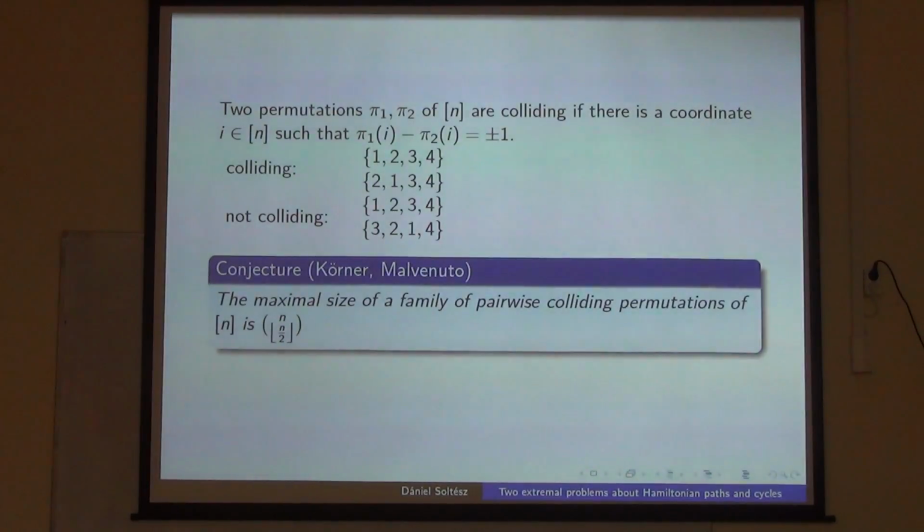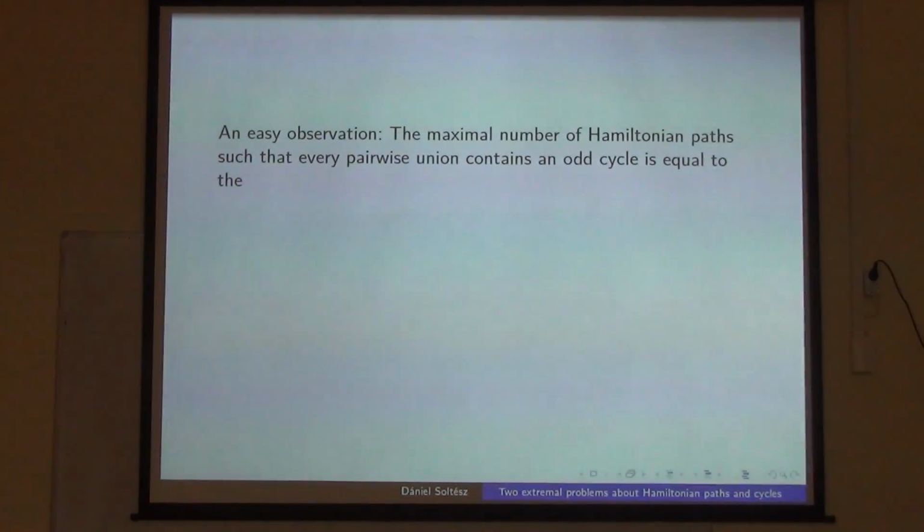Since I myself like graphs a lot better, I was more interested in these kinds of problems. So let me show you one very easy archetype of this problem: the maximum number of Hamiltonian paths where we require an odd cycle in each union.